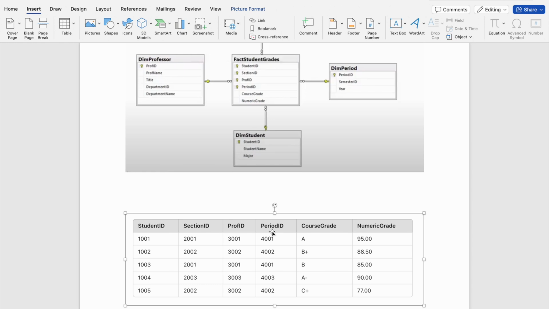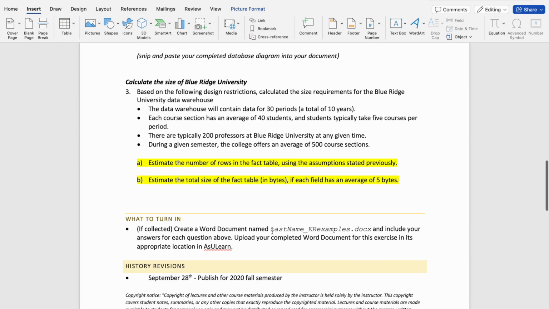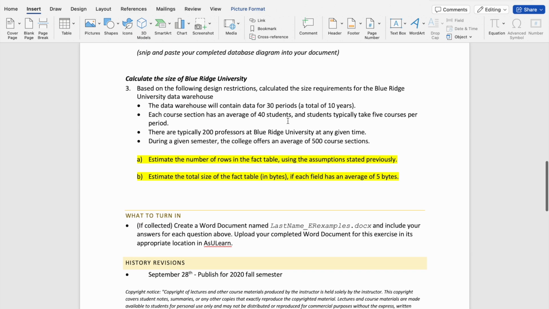And the period ID, if you remember, is about spring semester, fall semester, or summer semester. Going back to the question, they tell us we have 30 periods, a total of 10 years. So for each year, spring, fall, and summer, that is why it's 30 periods.